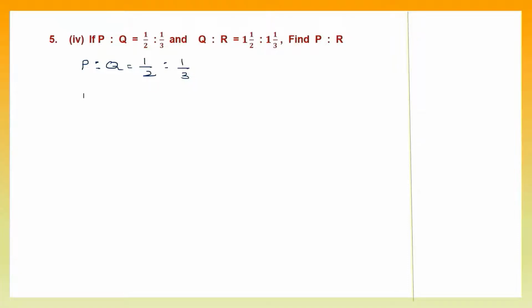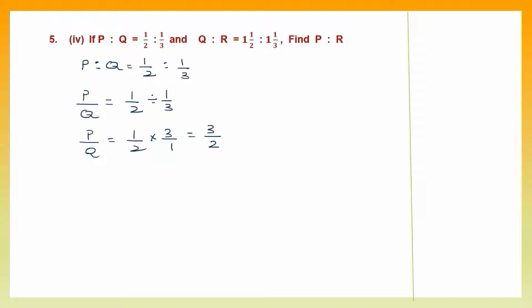Okay, so if I write this as division, P by q equals 1 by 2 divided by 1 by 3, which changes to 1 by 2 into 3 by 1, which is equal to 3 by 2. So I've got P by Q equals 3 by 2.